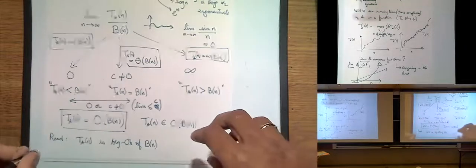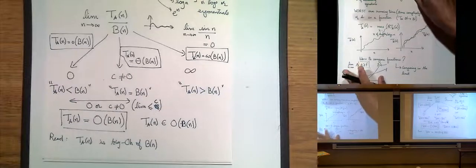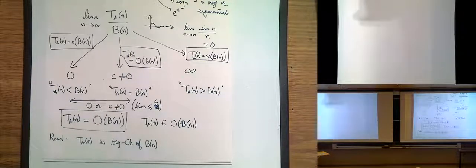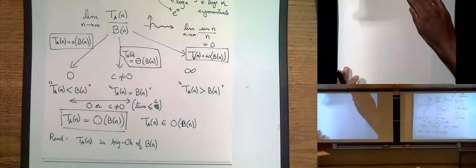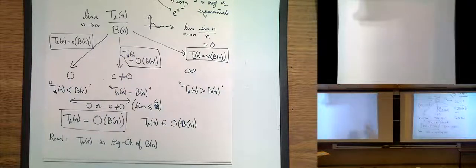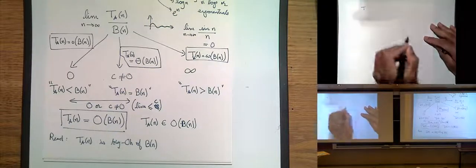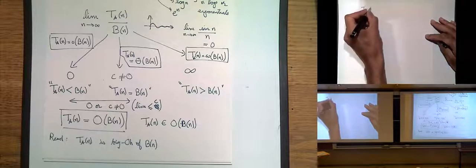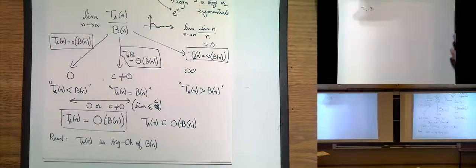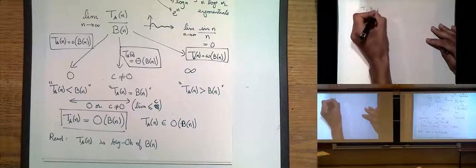So I'm going to write this out again. This takes some getting used to, this notation. I'm going to rewrite this in a cleaner way here. So I'll just say there are two functions T and B. The fact that I call them T or B is irrelevant.